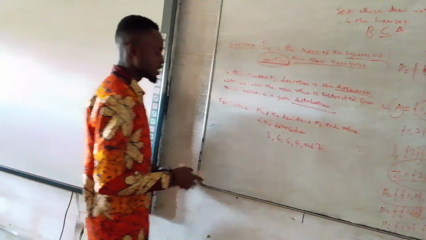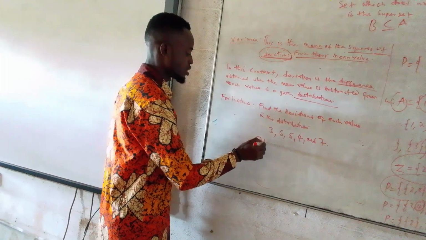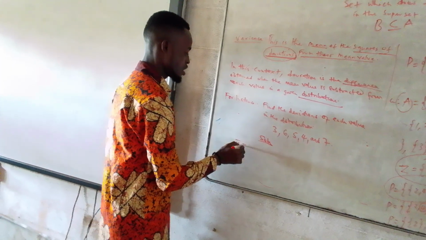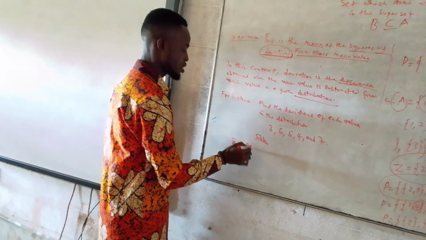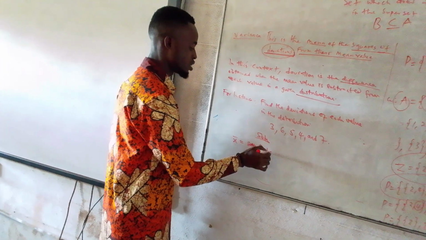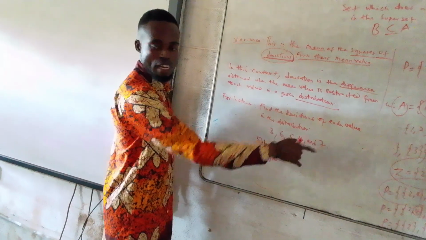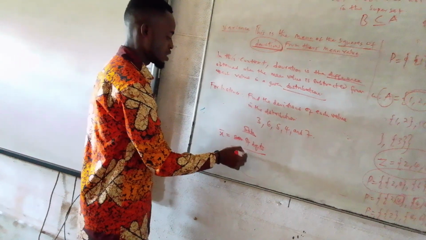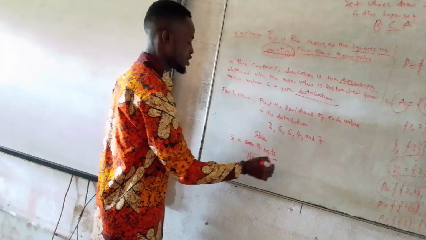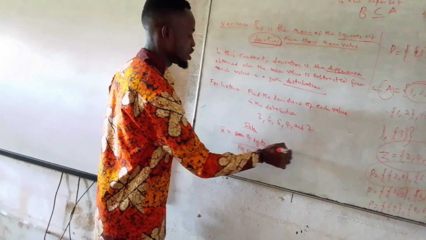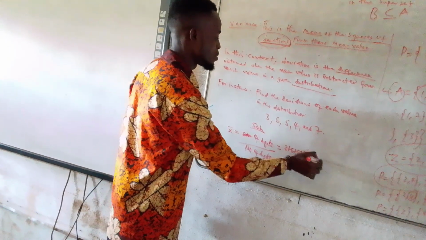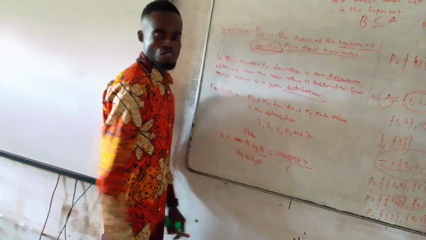So now, say solution: mean equals the sum of what? Digits given, right? Over the number of what? Digits, which is 3 plus 6 plus 5 plus 4 plus 7 over what? 5, right?